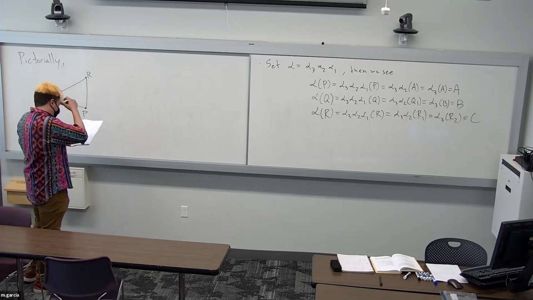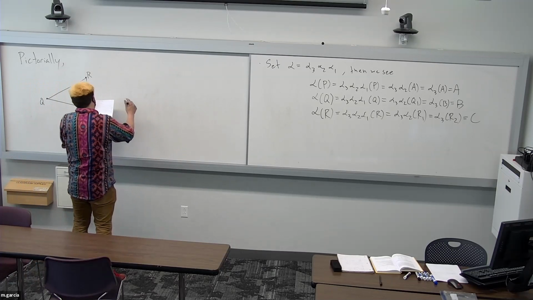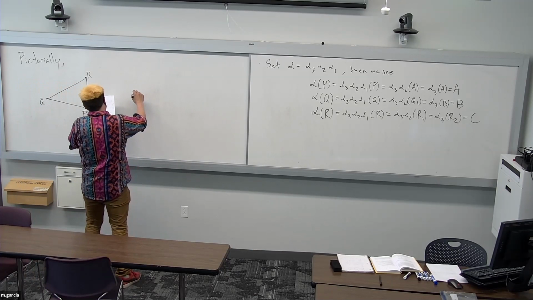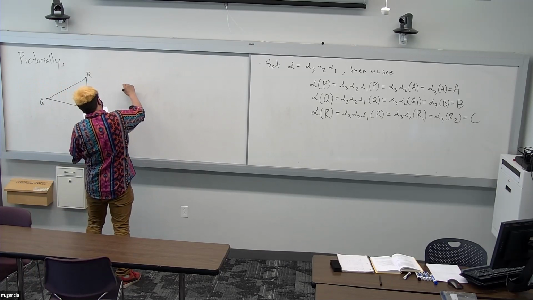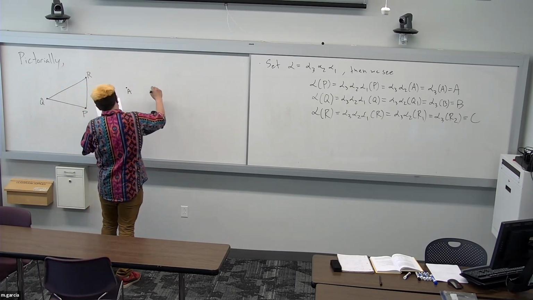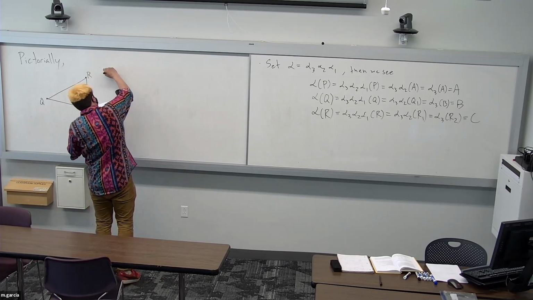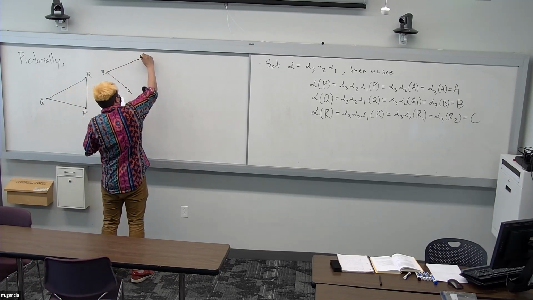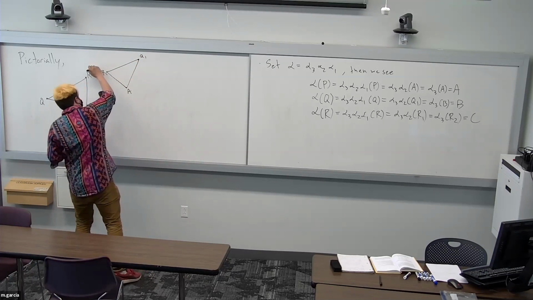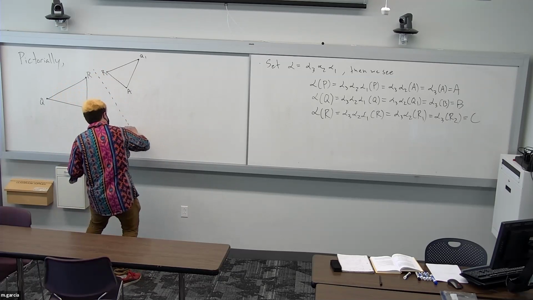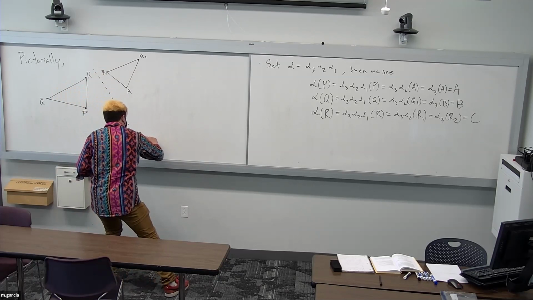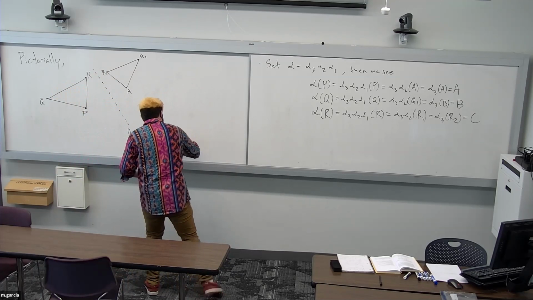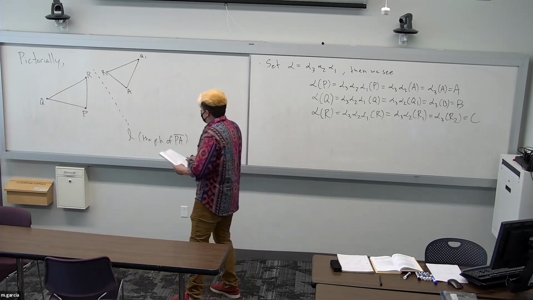Okay, so that is, I want to come to this point A, R1, Q1, L, the perpendicular bisector of line segment PA, right?